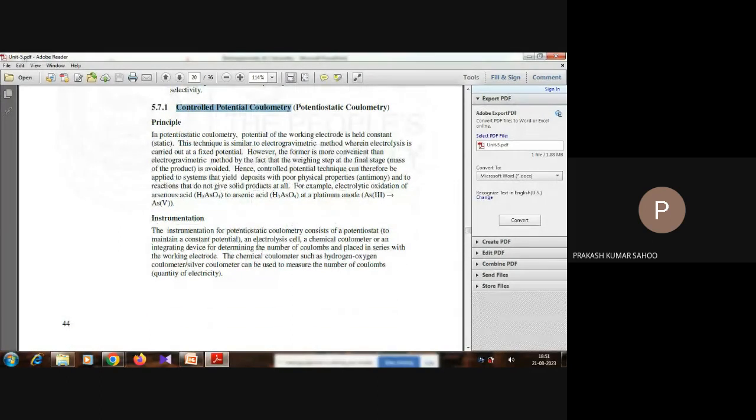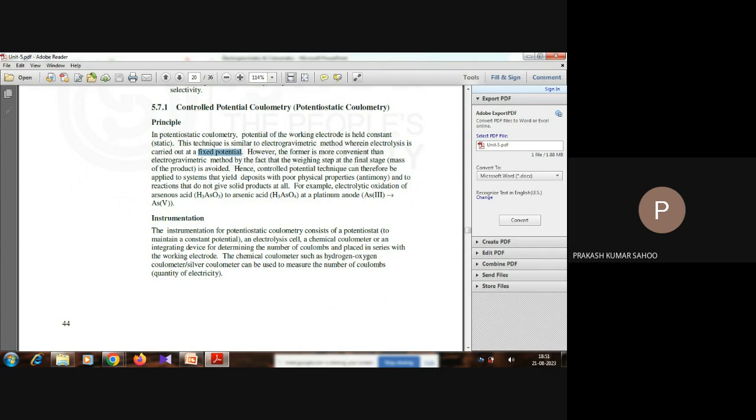Then let's look at the instrumentation part and the principle. It works at constant or static potential. This technique is similar to electrogravimetry, where electrolysis is carried out at a fixed potential. This is very important, at a fixed potential. However, the former is more convenient than the electrogravimetry method because the weighing step at the final stage is avoided.